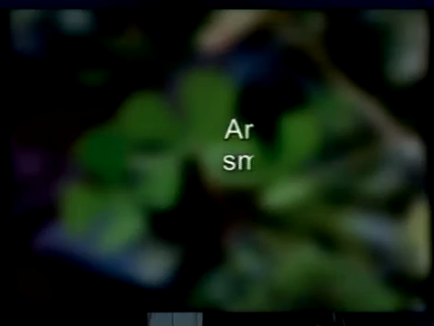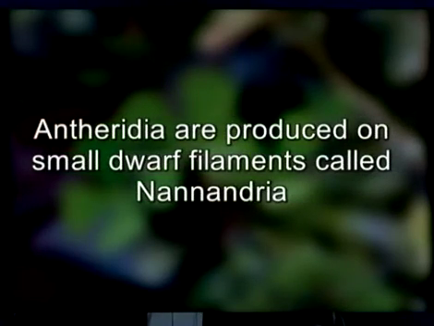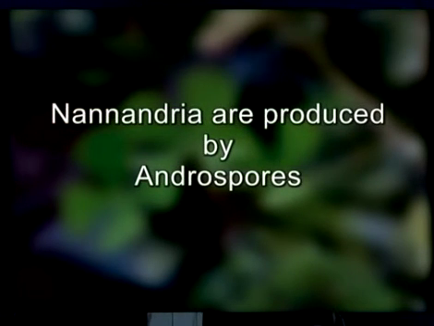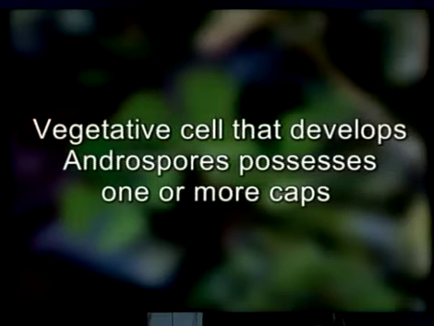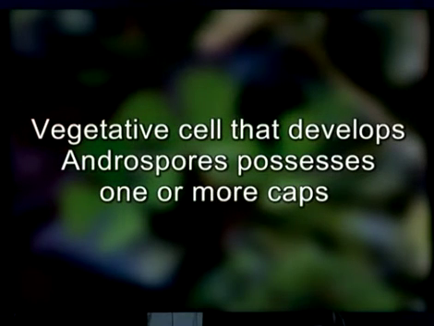In nanandrous species, the sexual reproduction is somewhat specific and complicated. Here, the male gametes or antheridia are produced on small dwarf filaments called nanandria. These nanandria are actually produced by a special type of spore called androspores. These androspores are produced by any of the vegetative cells of Oedogonium, but the vegetative cell which develops the androspores usually possesses one or more caps at its anterior end.